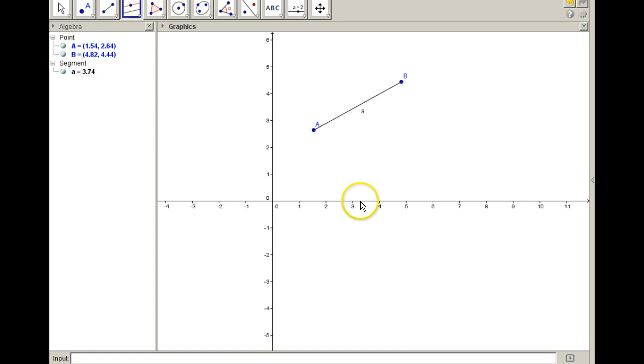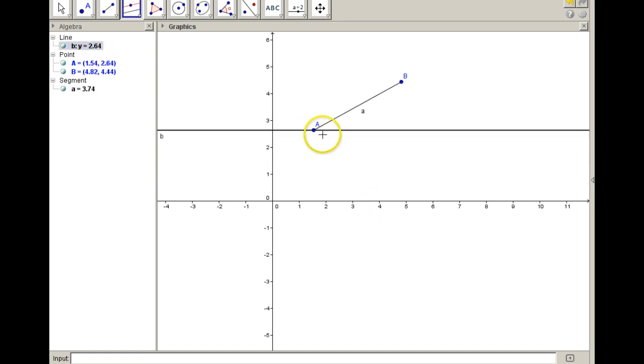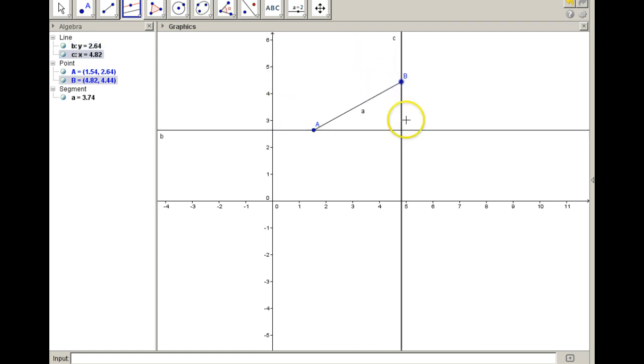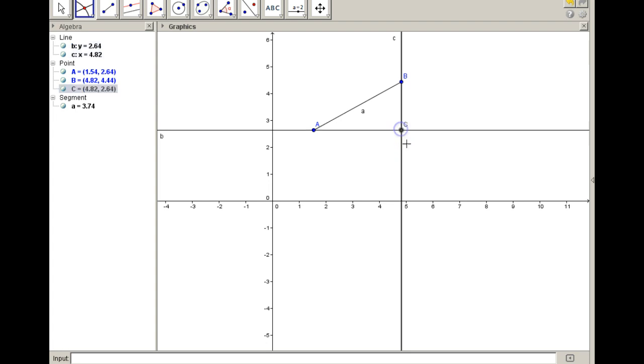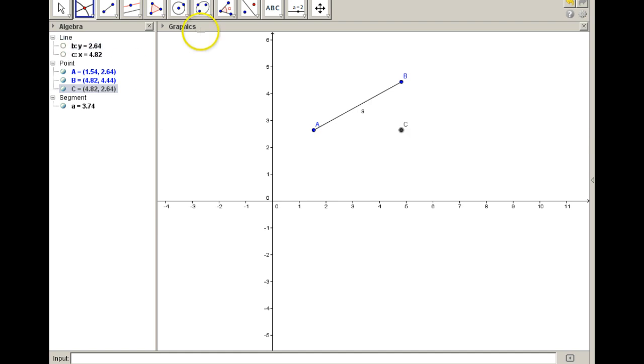What we're going to do is create a line that's parallel to the x-axis that goes through this point A, and then create a line that's parallel to the y-axis that goes to this point B. And then where those 2 parallel lines meet, which they meet in a perpendicular fashion, the intersection point right there is point C.